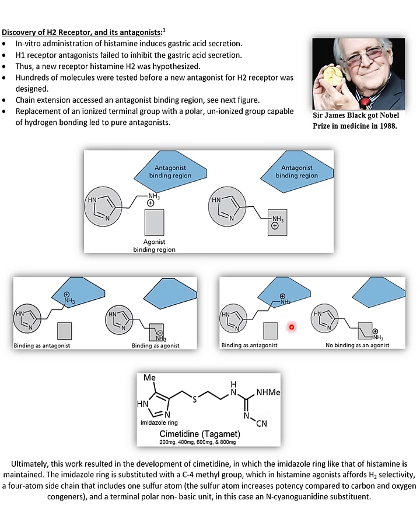The discovery of this H2 antagonist led to Sir James Black getting the Nobel Prize in Medicine in 1988. In fact, he got this prize for his work on the discovery of cimetidine as well as propranolol, which is a beta blocker that we'll discuss later in cardiology.